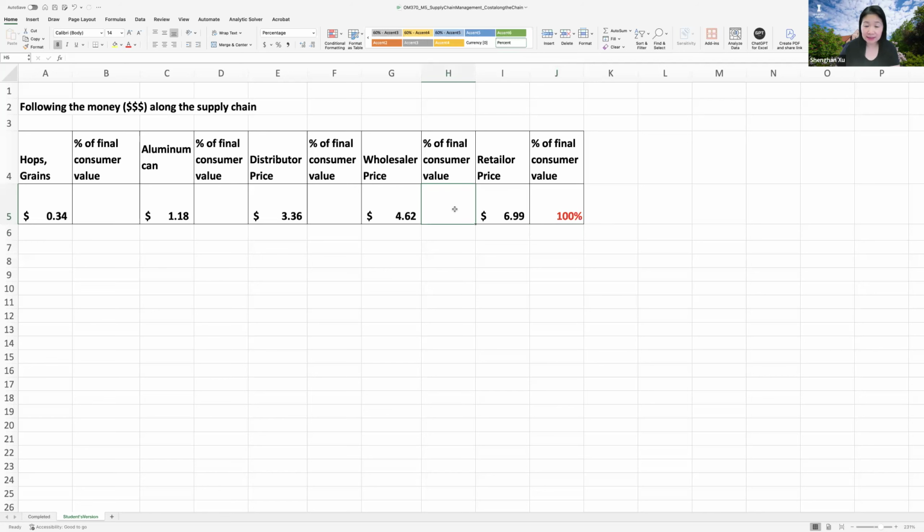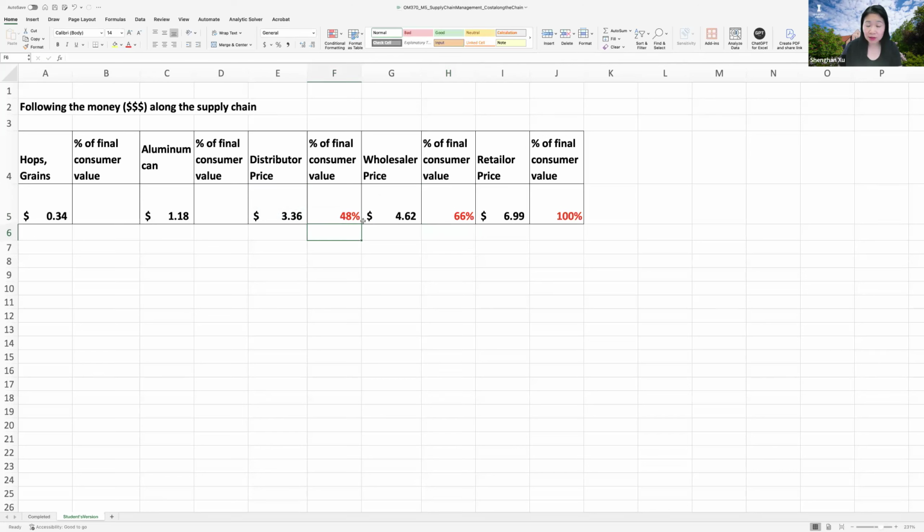Now the retailer gets it from the wholesaler, and the wholesaler value accounts for 66%. So essentially, the retailer gains about 34% as a profit there, right? And then the distributor is charging us $3.36, and this is divided by 6.99.